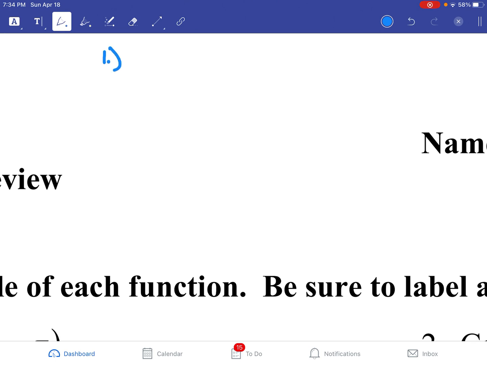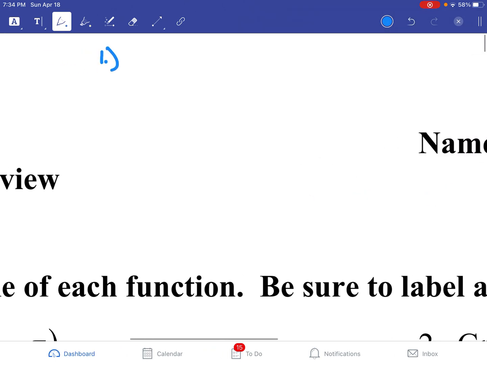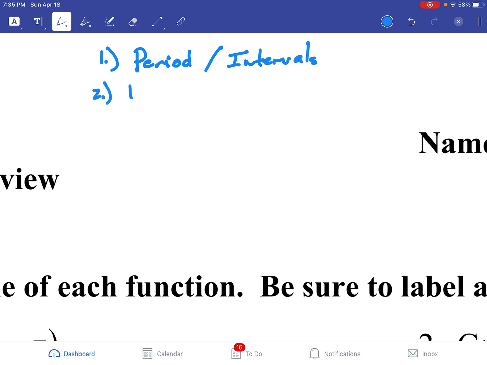So step 1, find the period and intervals. Step 2, do the horizontal shift. Step 3, find the first point.